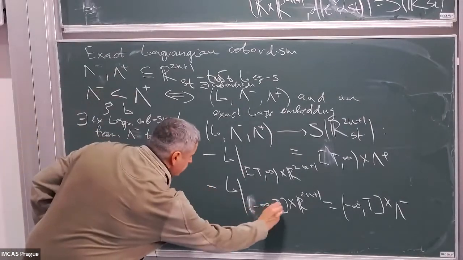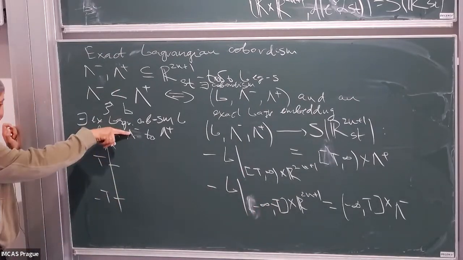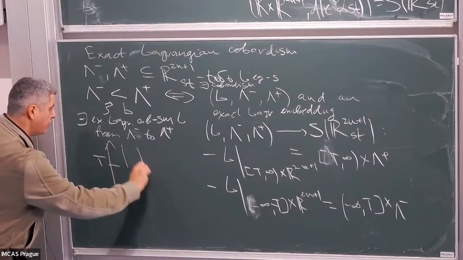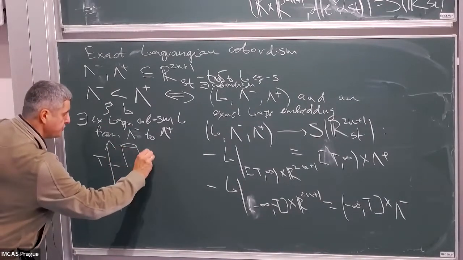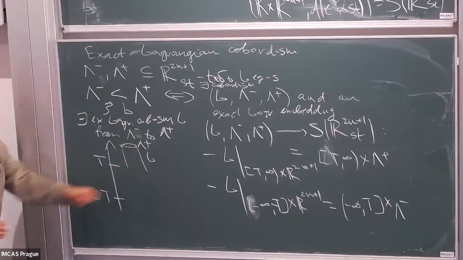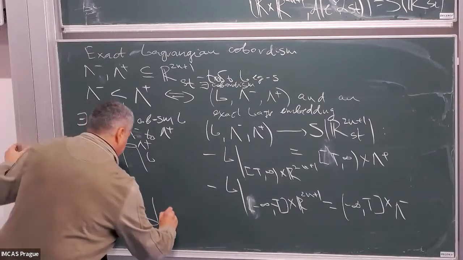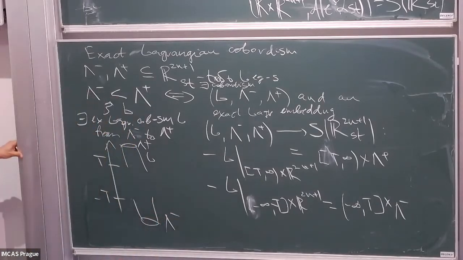If you restrict ourselves to this portion, and to that portion, our Lagrangian L will look like a cylinder over a Legendrian.